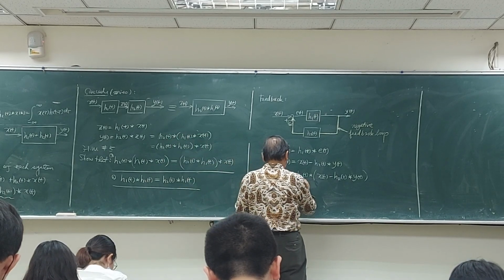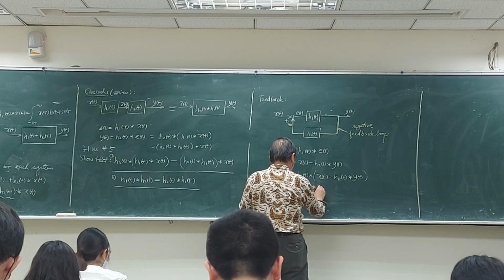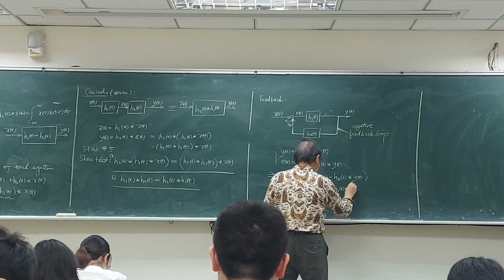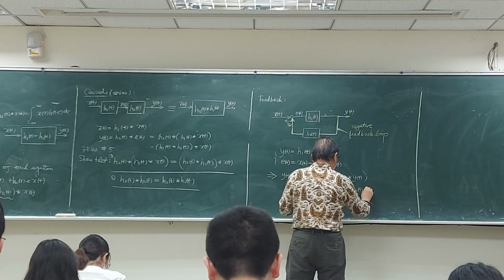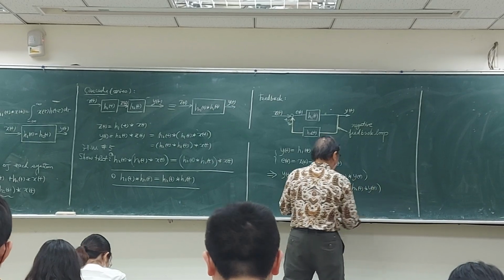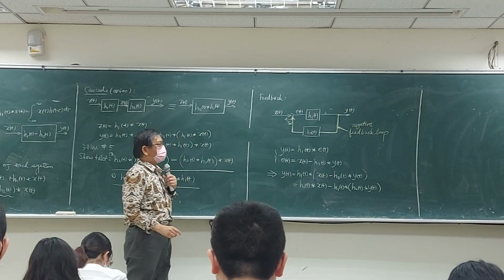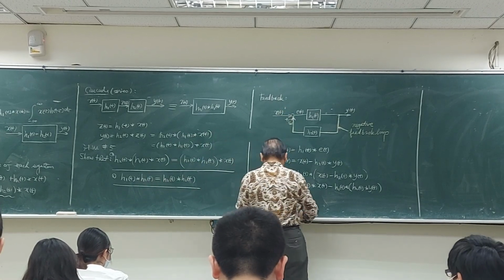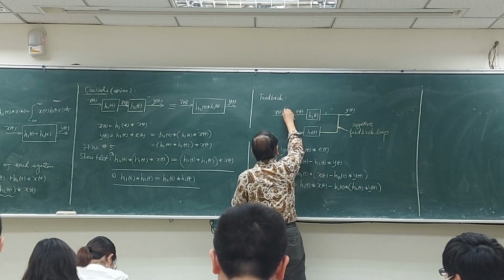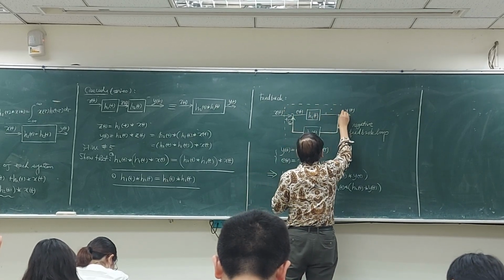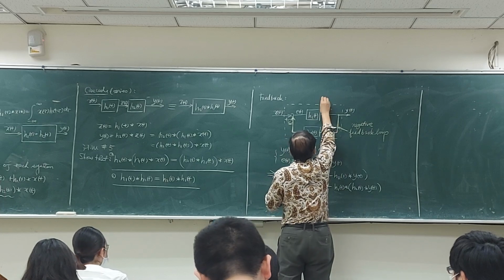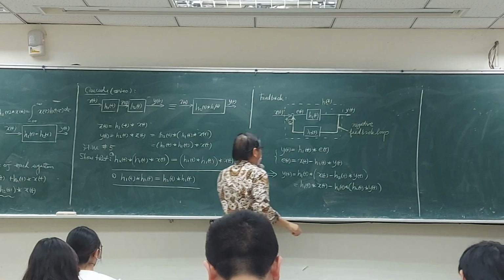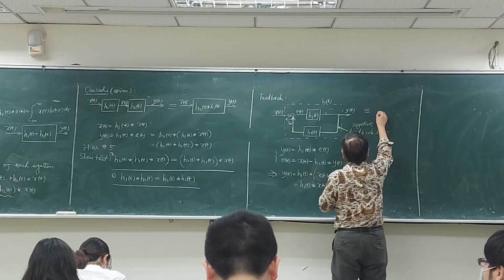Okay, so now the H1 of P comma x of P, and then minus H1 of P comma H2 comma 12. Right. Okay, if I call this entire B, that means we are going to find this equivalent system.